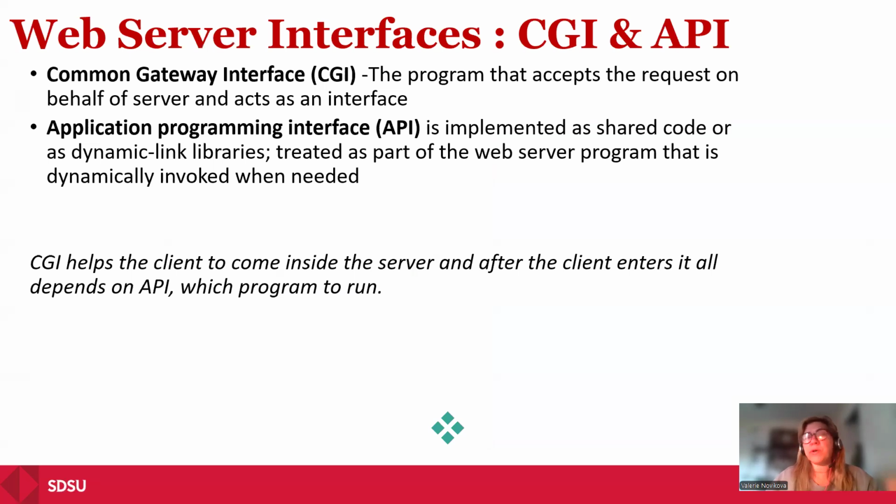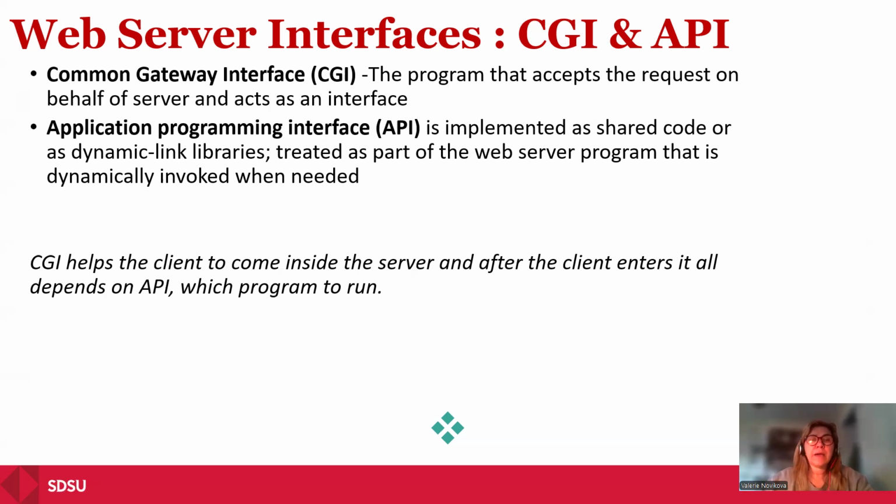It is a program or a set of routines that allows us to send information to the actual web server. So the web server receives the data from the client through CGI. And then there's the application programming interface that allows for communication between the web server and the database.